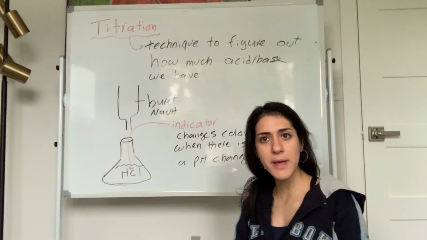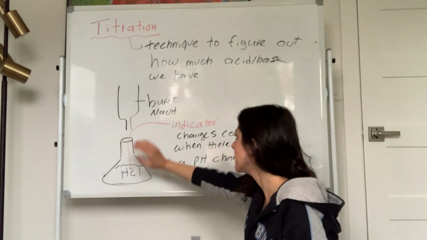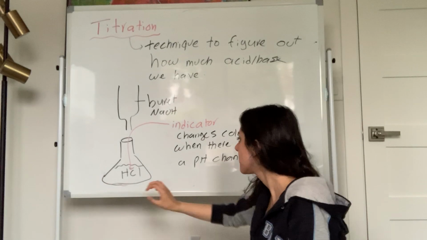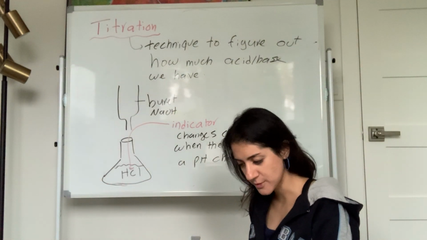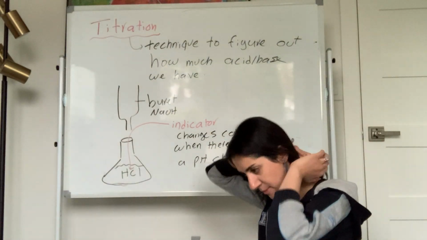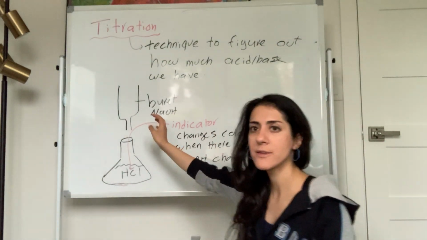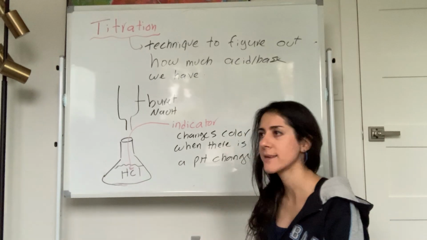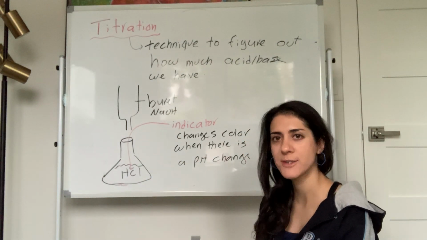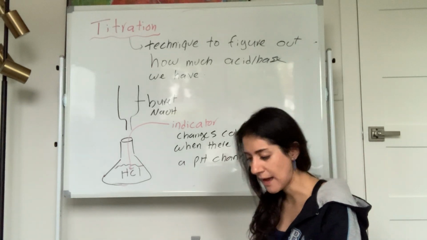So here's my acid-base titration. I have my acid here, I have my base, and then I have to add an indicator to this acid over here. So far so good? Okay. Now, what's going to happen? Here's how the experiment is going to go. I'm going to add sodium hydroxide to my acid. Nothing happens. I'm going to add more sodium hydroxide to my acid. Nothing is going to happen.